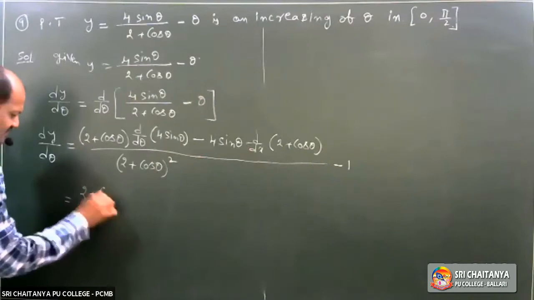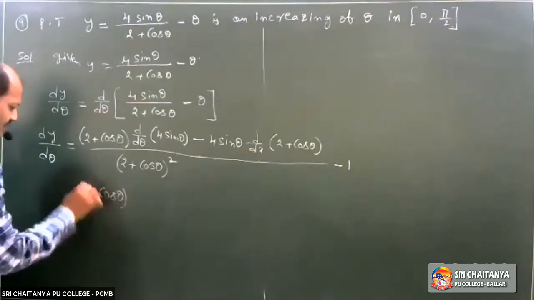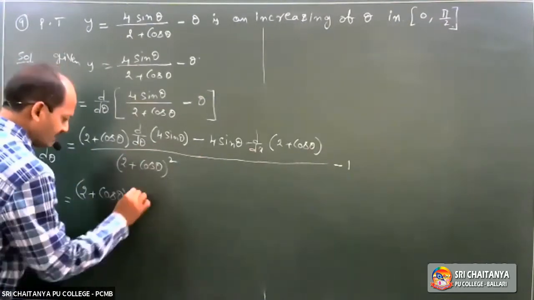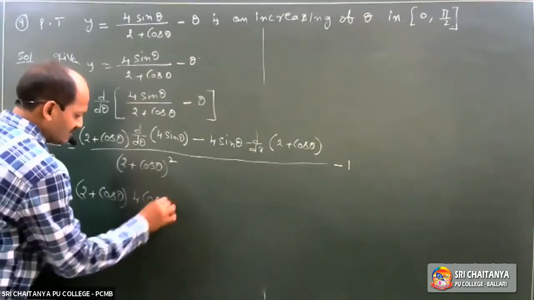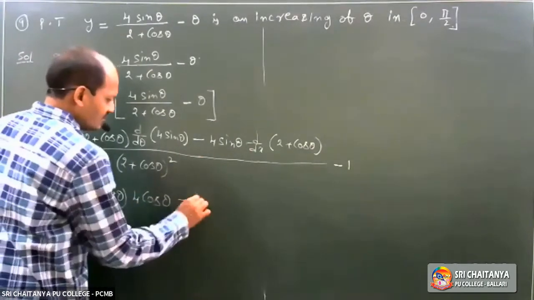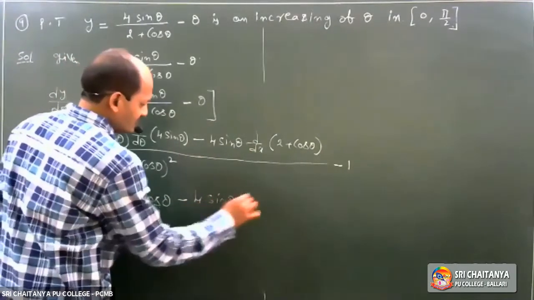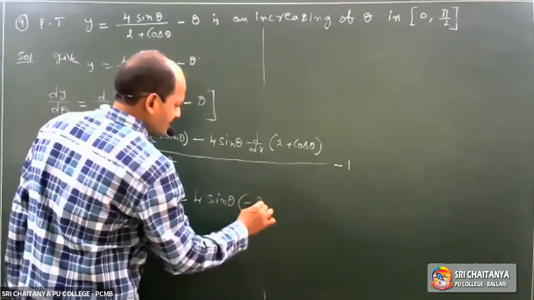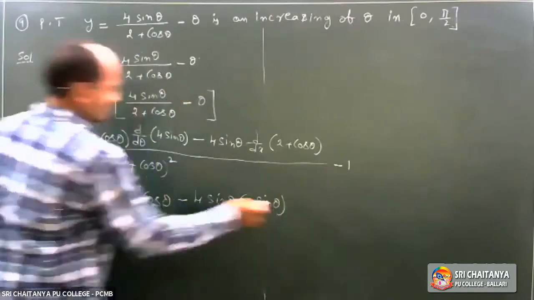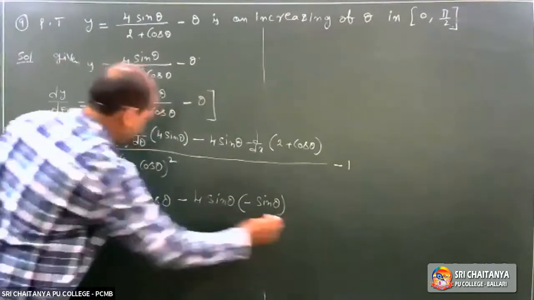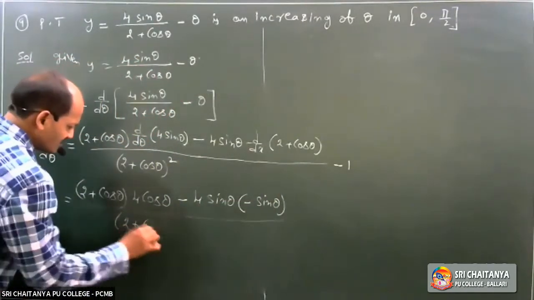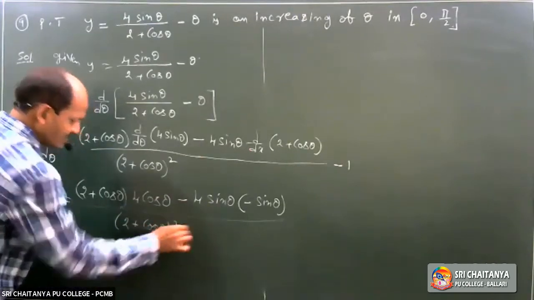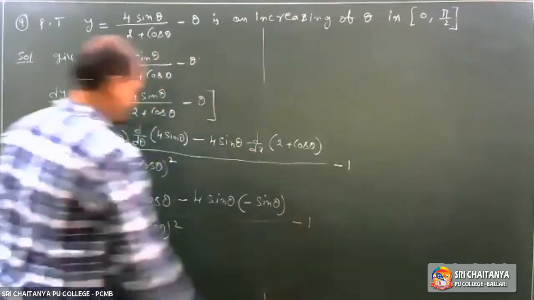2 plus cos theta into the derivative of 4 sin theta, that is 4 cos theta, minus 4 sin theta into the derivative of 2 plus cos theta, that is minus sin theta, divided by 2 plus cos theta whole square, minus 1.